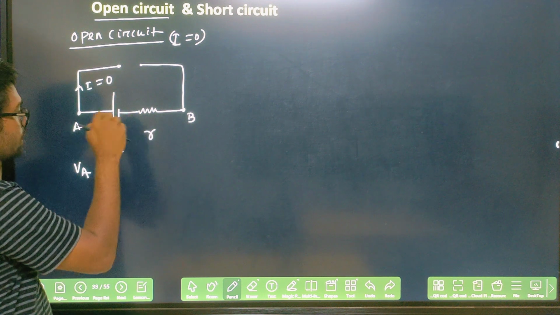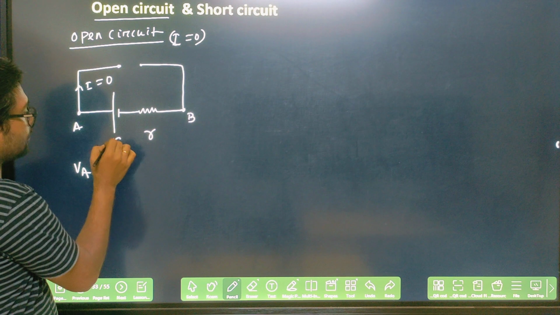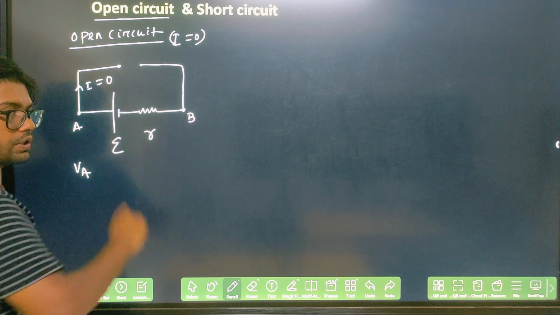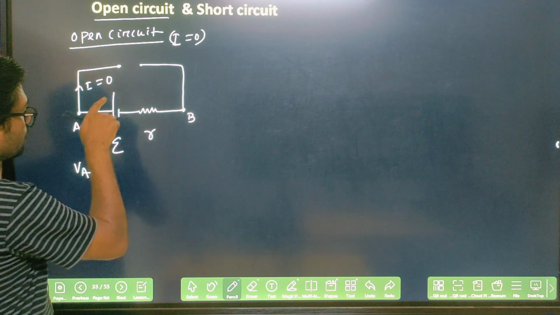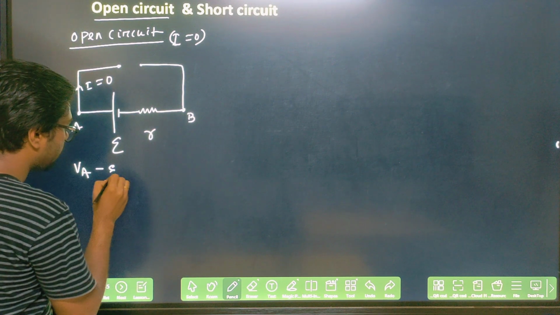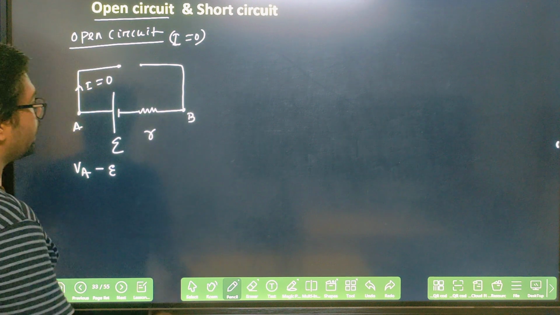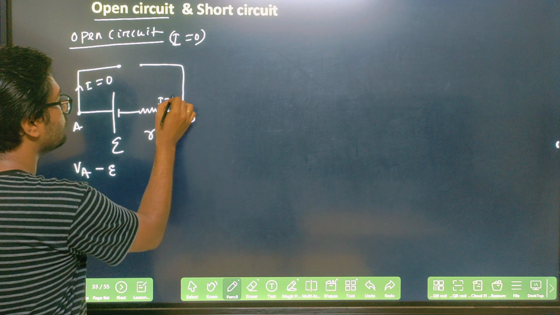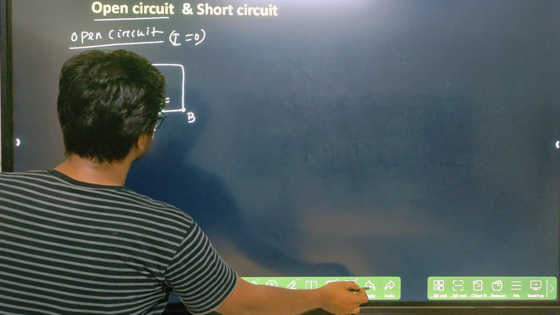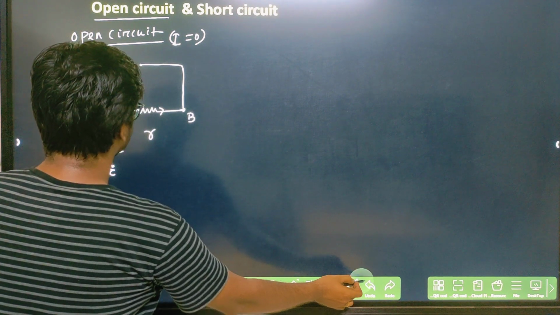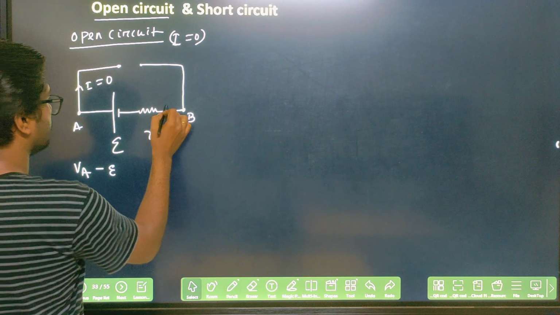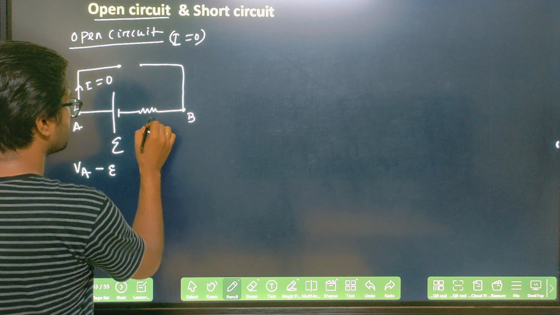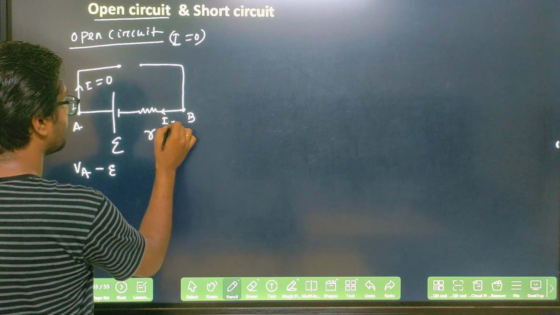This is your EMF, and you are going from positive to negative, so there will be minus E, that we have seen. And here the current is I, along this direction, and that current is 0.